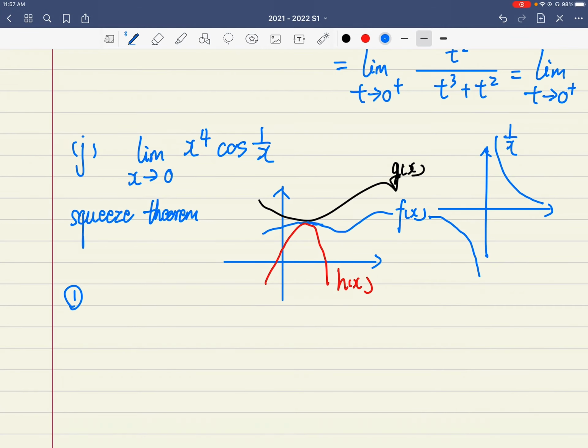So to use the squeeze theorem, you need to find a function that is always greater or equal to f(x), and you also need to find another function always smaller or equal to f(x). Okay.